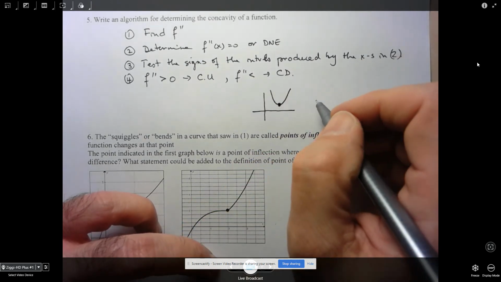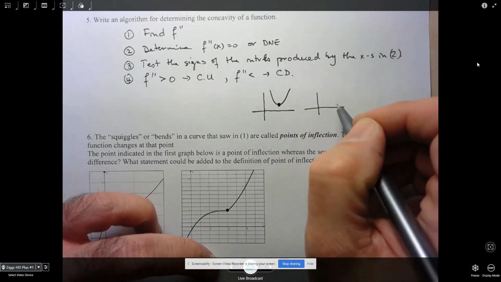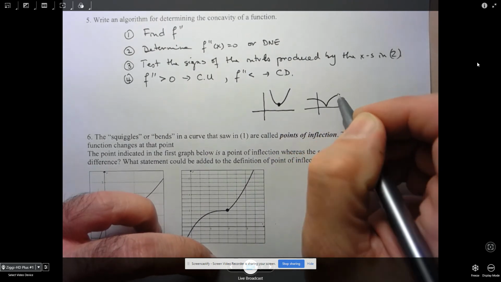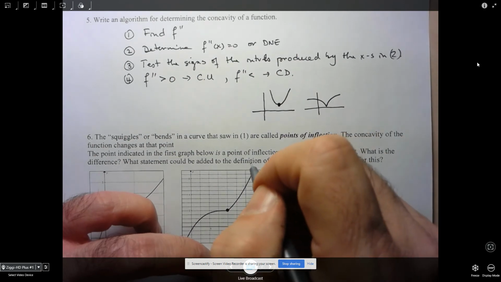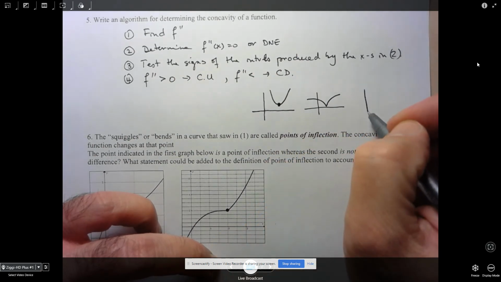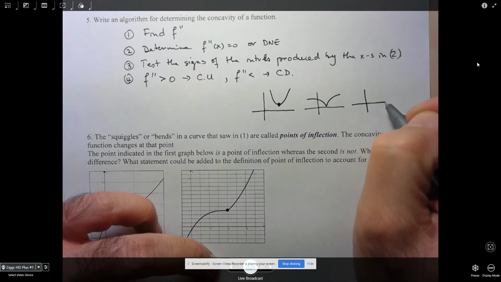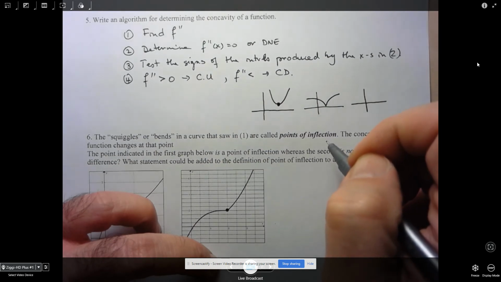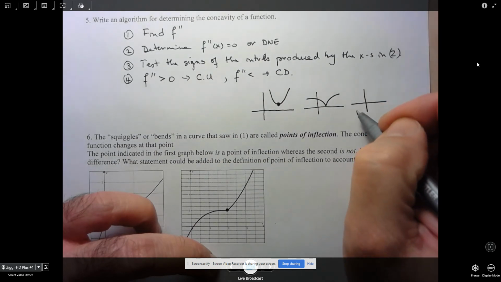So in this case here, there's a critical point, there's a critical point. We have local maxes and mins, all right, although sometimes you might have a critical point that does not give you a max or a min, like a cubic.